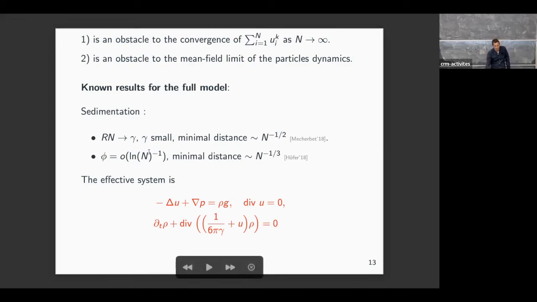But one open question is if you push to phi small but independent of n, what can you say? Then you really see in your mean field limit a singular kernel, which is homogeneous of degree -2, which escapes the standard things.